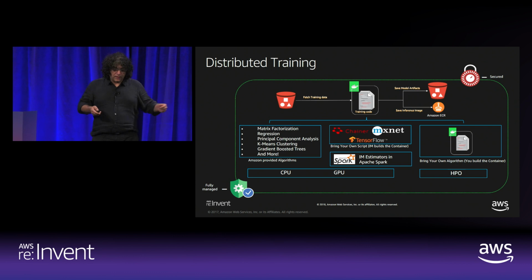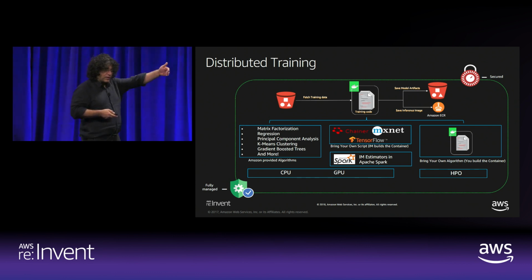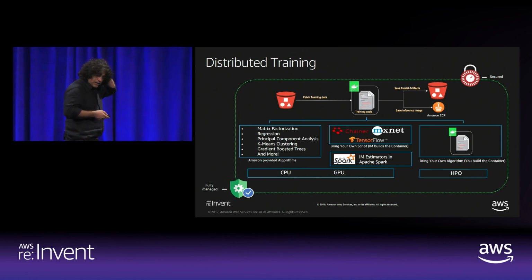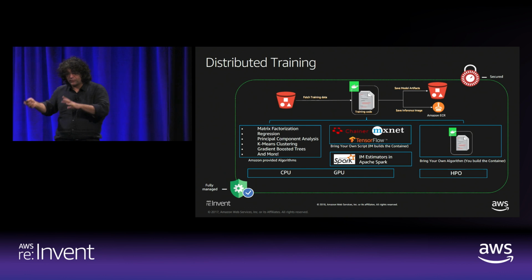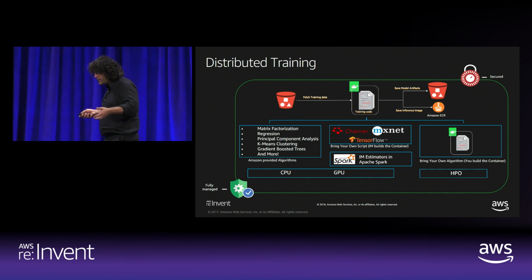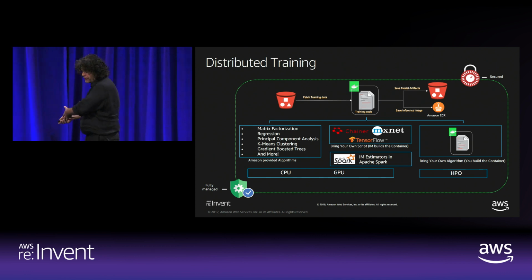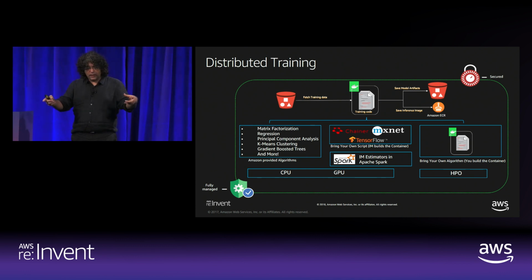The way it works in SageMaker is that your data is in an S3 bucket. Your code is either in an S3 bucket or in some sort of Git repository. The code and the data are streamed or copied to every machine, and then an ECS cluster is built.